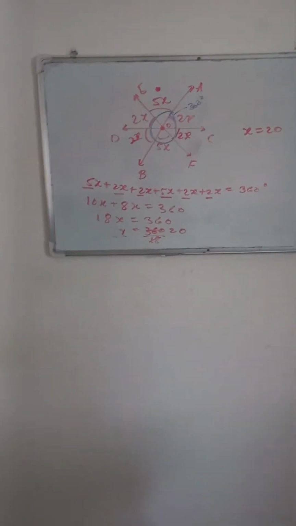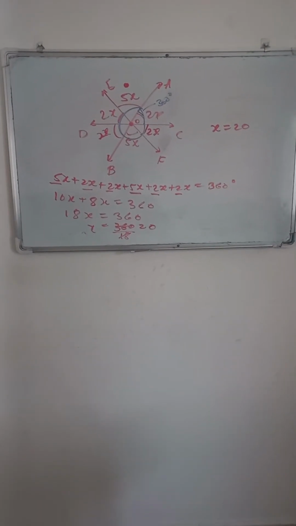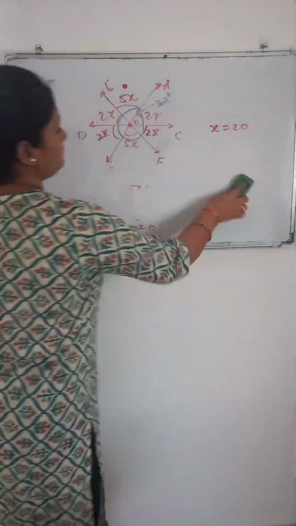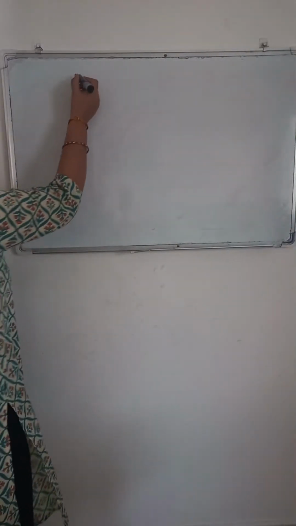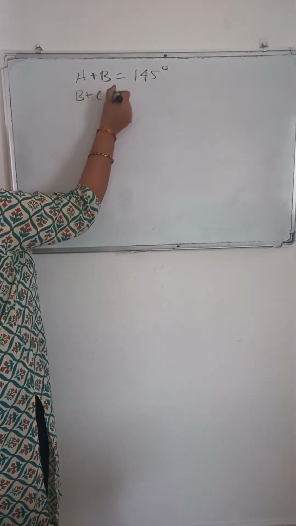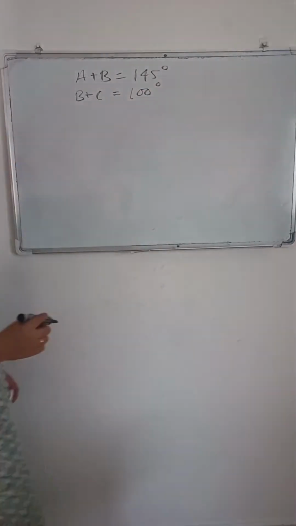If A plus B is equal to 145, angle A plus B is 145, and B plus C is equal to 100. Find the angles A, B and C.